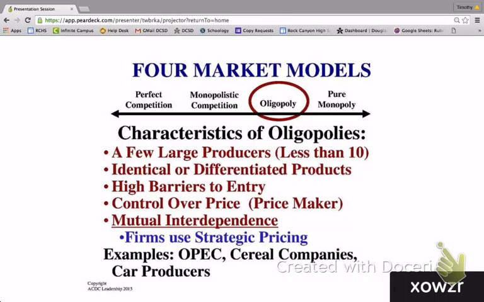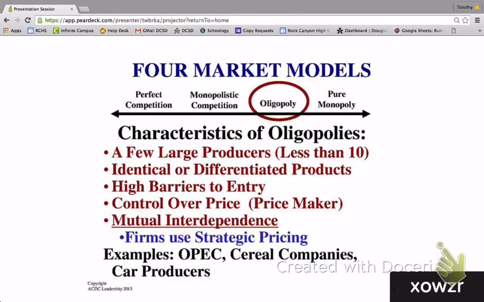Now, one thing that is true is that sometimes they are selling identical products to each other, such as oil from oil companies, or they may be selling products that are differentiated from each other, such as Pepsi and Coca-Cola. They also face less competition because, like with monopoly, there are very high barriers to entry.